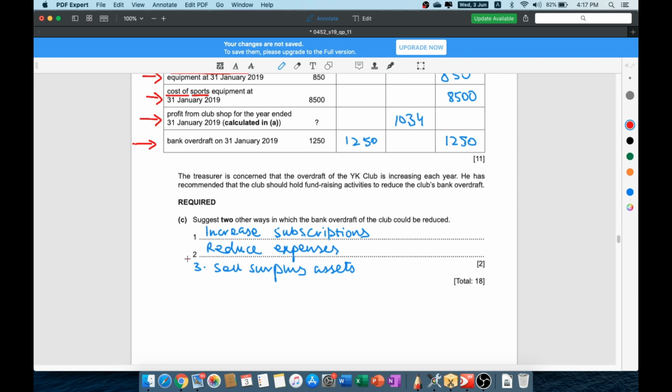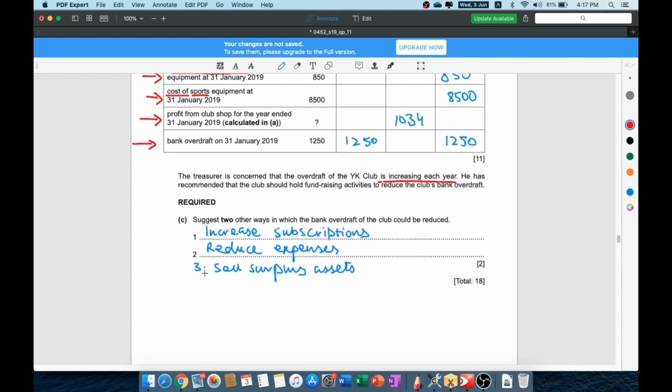The second thing you could write is to reduce the overall expenses of the club or the business. This won't necessarily give you money, but it will save you money, and that will over time stop the overdraft from increasing, as it says here it is increasing each year, right? So this will counter that.